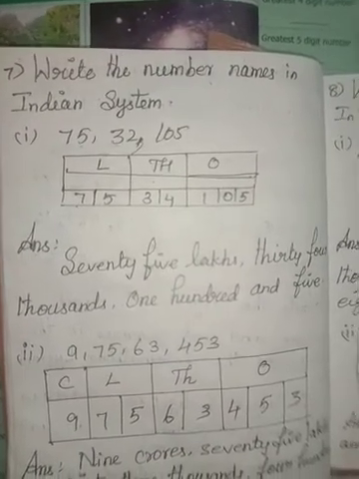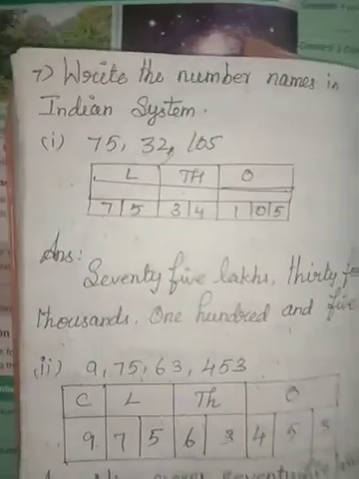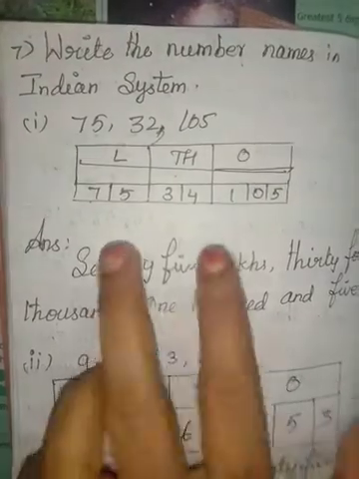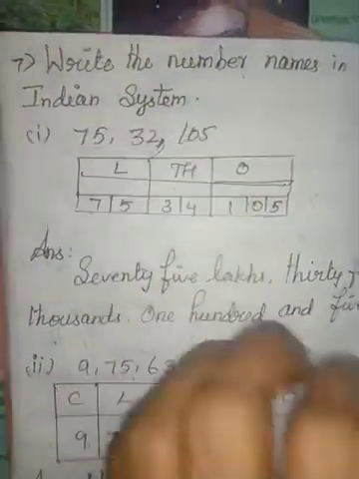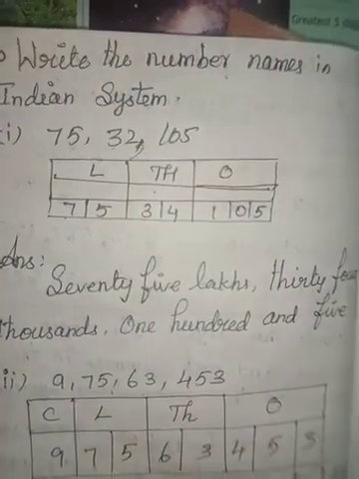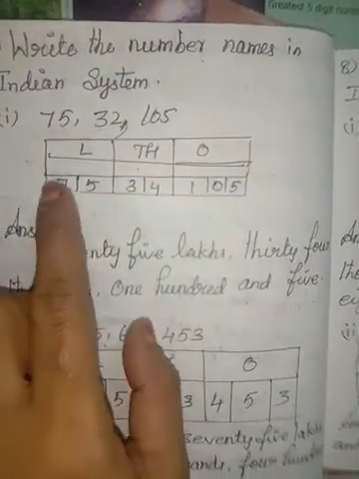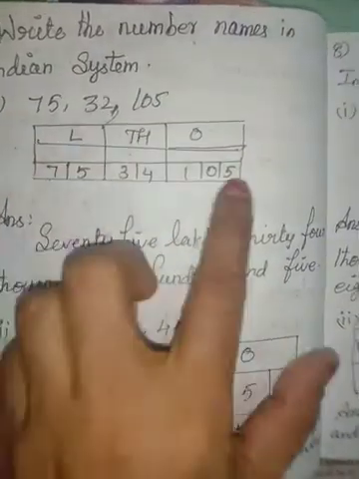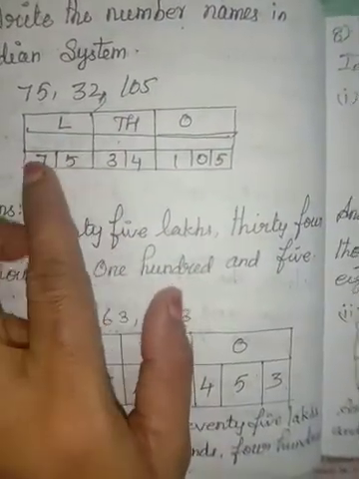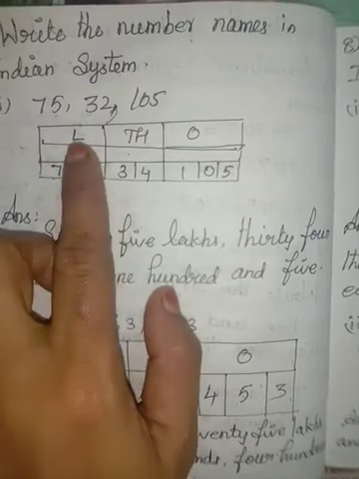Coming to the next, the 7th one, write the number names in the Indian system. You know the tabular column of the Indian system, so we can easily say that. First you place the numbers in the place value chart and tell the group value. Look here at the place value chart. First say the number 75, the group is lakhs.